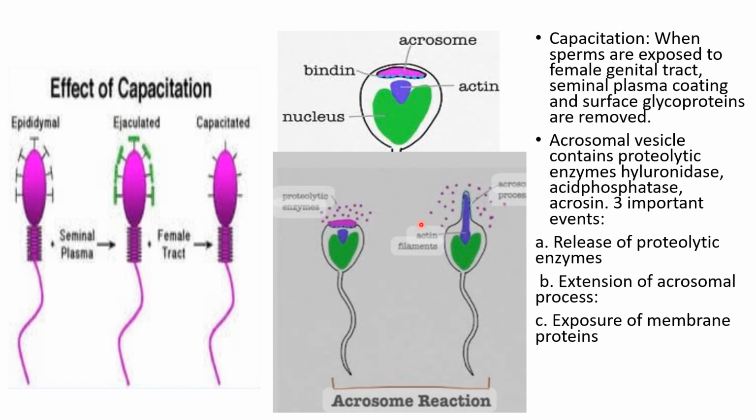And secondly, the globular actin undergoes polymerization and forms a fine needle-like filament which will help in piercing the membranes covering the oocyte.